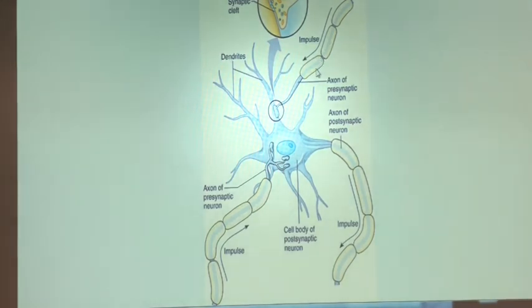Notice the Schwann cells, important for myelination. And then we're going to reach this terminal region here. I call it the synapse. So you have a region here which is presynaptic, and you have a postsynaptic region. So here's presynaptic, here's postsynaptic, and then of course there's the synaptic cleft.